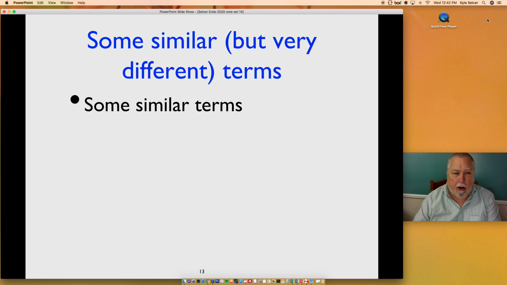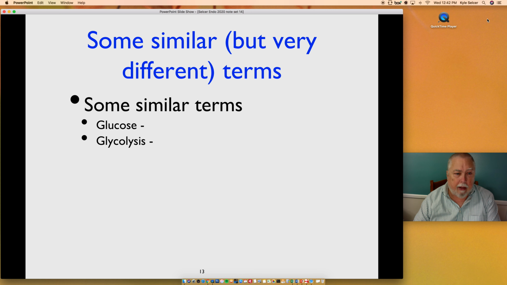There's a whole bunch of terms. I know it gets confusing, and they all sound the same because they all have gluc or glyc in them, but you've got to sort them out. So I'm going to list them here, but I've been talking about some already, and I'm going to be talking about more later. So I'm not going to define each one here, but this is a nice page for you to go back to and write out some definitions.